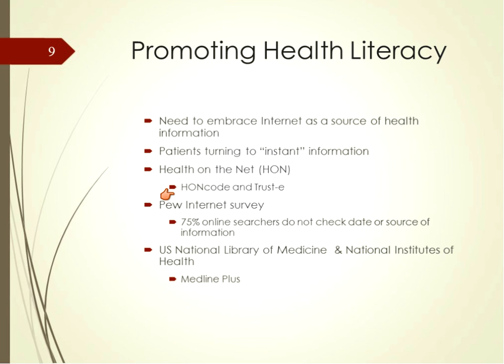The survey also indicated that internet users look at the domain name and frequently gravitate toward university sites, .edu, government sites, .gov, and healthcare organization sites, .org. Half of the survey respondents were in favor of the use of a domain name called .health to identify quality health information websites.